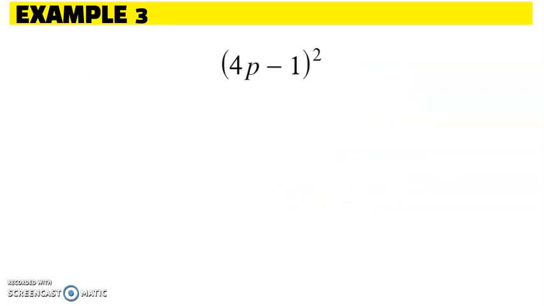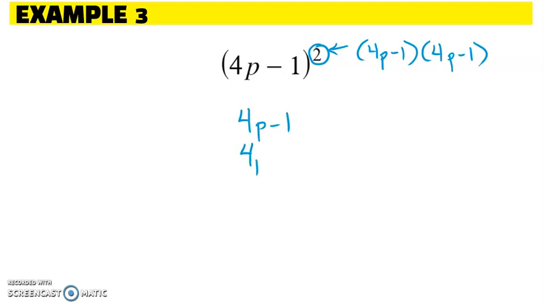Let's try it again. Okay, 4p minus 1, quantity squared. Remember, this tells us that this is actually 4p minus 1 times 4p minus 1. Okay, so we're going to stack it. And then we multiply.